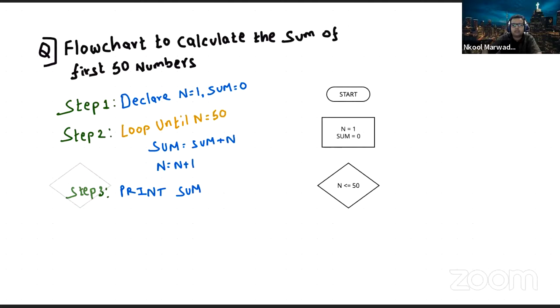If this condition is true, then I will perform some set of actions, and those set of actions will be, I will write sum is equal to sum plus n, and I will increment the n. This I have to do.